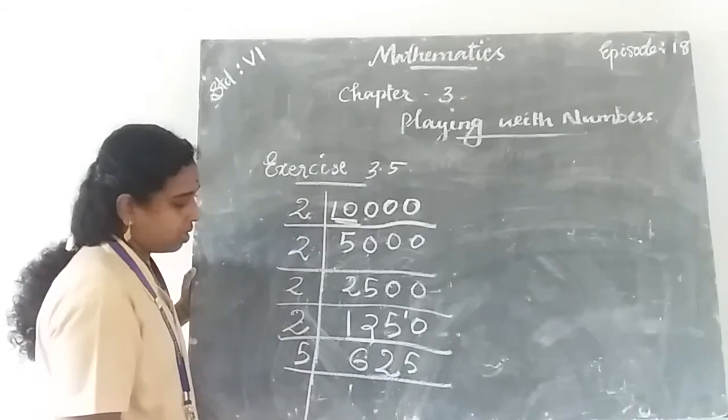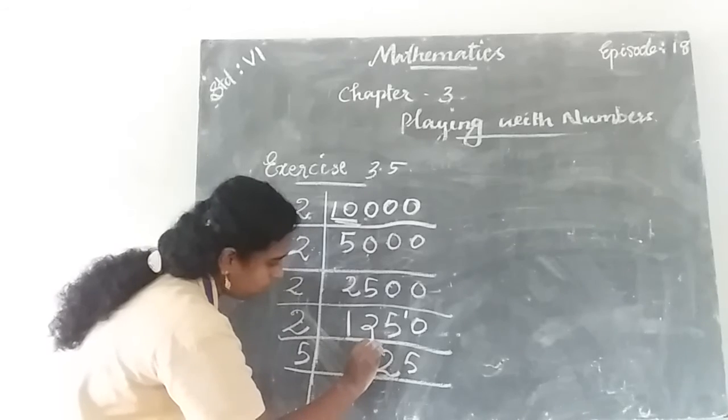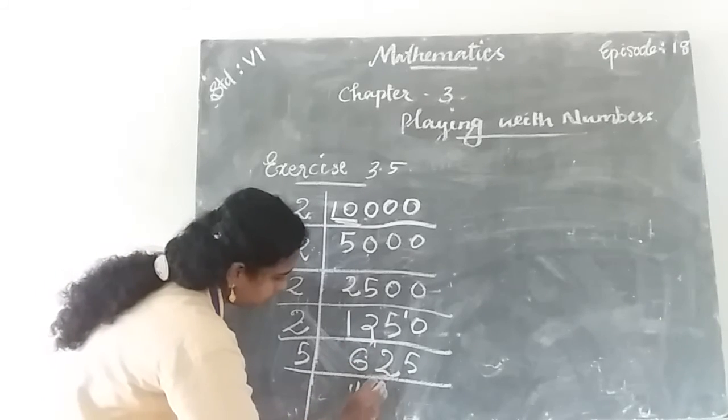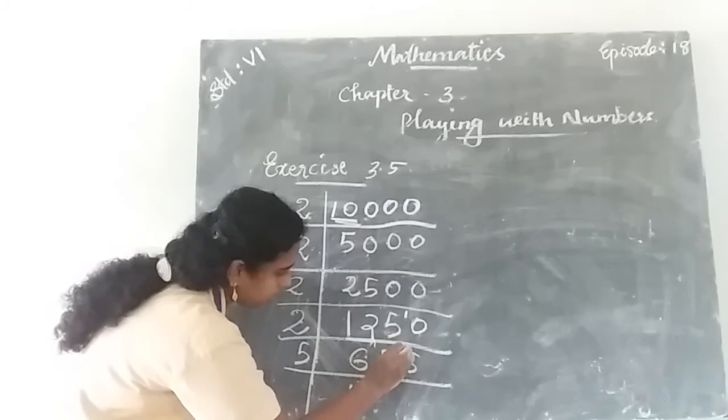Then we get 1 5 is 5. Then 6 minus 5 is 1, we get 12. 2 5s are 10. Then 12 minus 10 we get remainder 2.